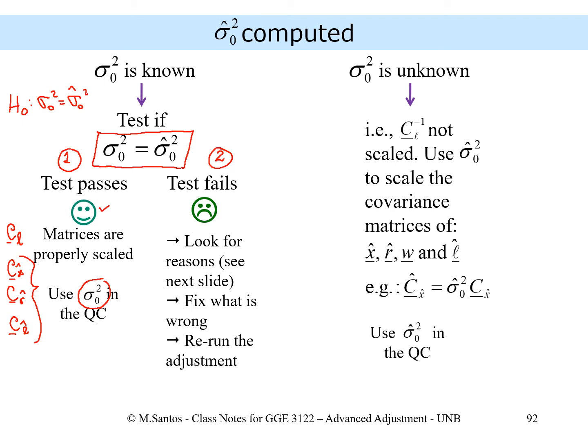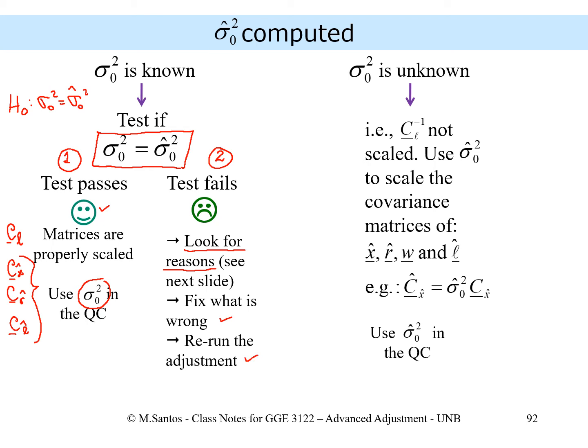Now, sometimes the test fails. What does it mean? It means that there is something wrong in the input. So look for reasons for the failure. We're going to look at potential causes. Fix what is wrong. Rerun the adjustment.